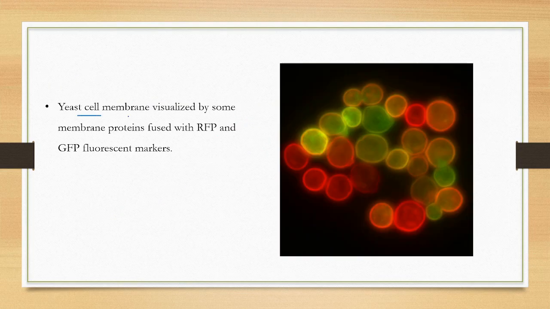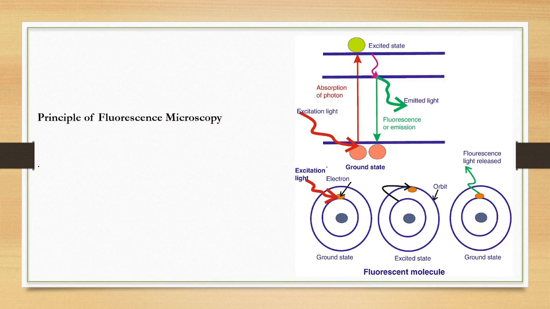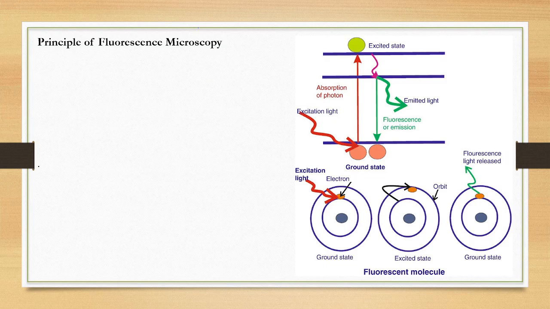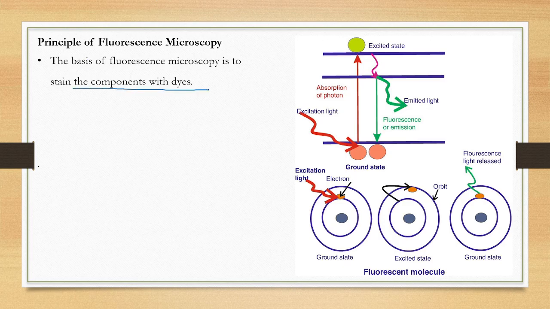A yeast cell membrane is visualized here with a membrane protein fused with a red fluorophore and a green fluorophore. This is what pictures look like in a fluorescent microscope. What is the principle of the fluorescent microscope? The basis of fluorescent microscopy is to stain the components with dyes. A special fluorescent marker is used.